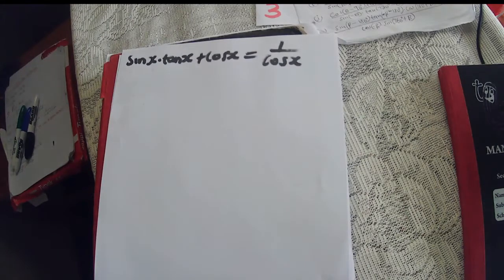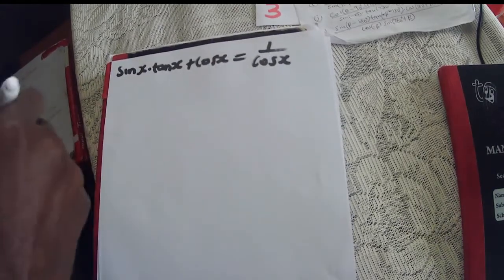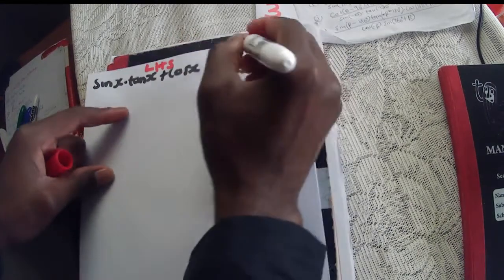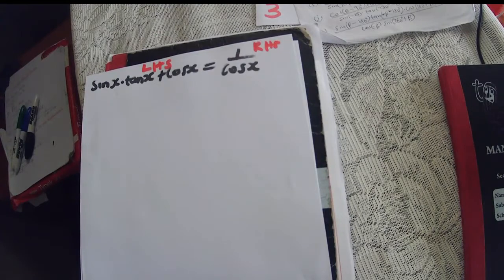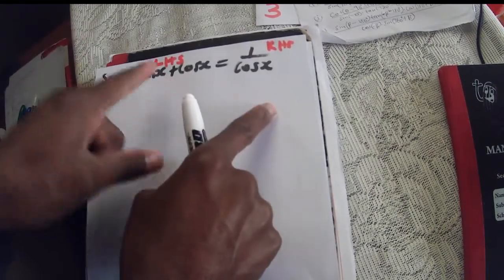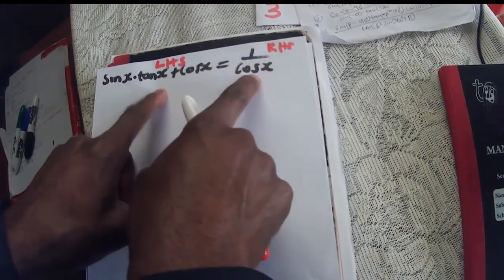The first question states that prove the following identity. So these are the identities. We have the left hand side and the right hand side. So what we are asked or required to prove is that we should show or prove that the left hand side is equal to the right hand side.